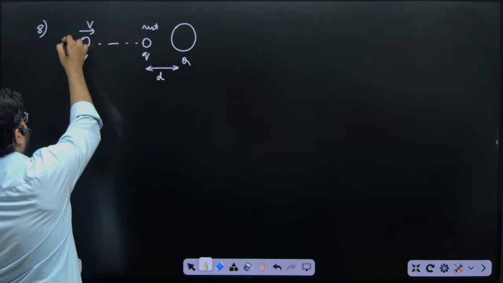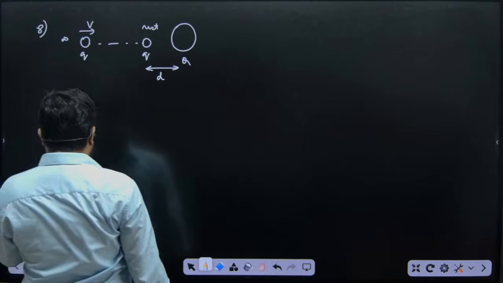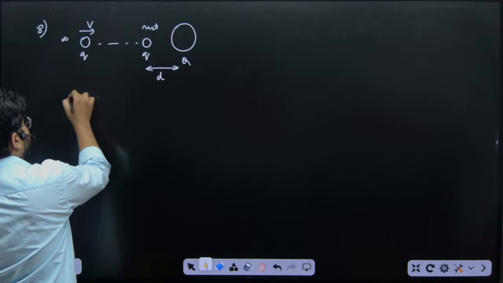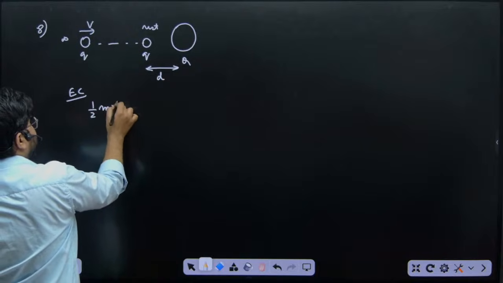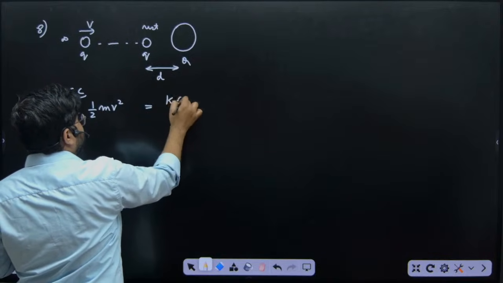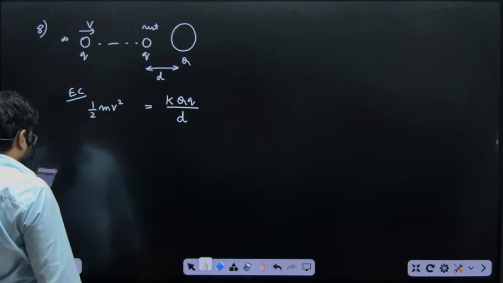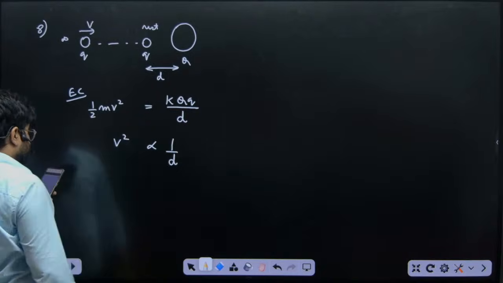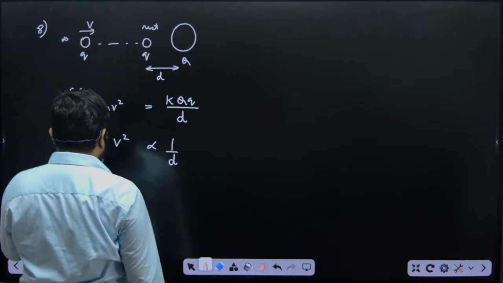And generally, if nothing is mentioned, we consider the initial distance as infinite. Now we just need to do energy conservation. So this kinetic energy got converted into potential energy. We just need to see the relation here, inversely related with the distance of closest approach.